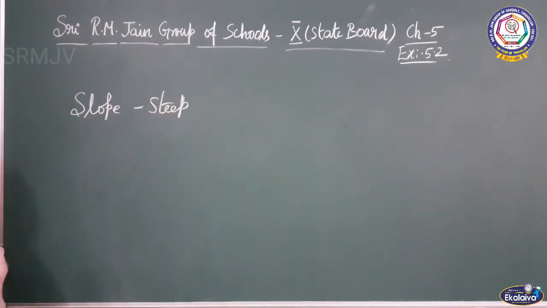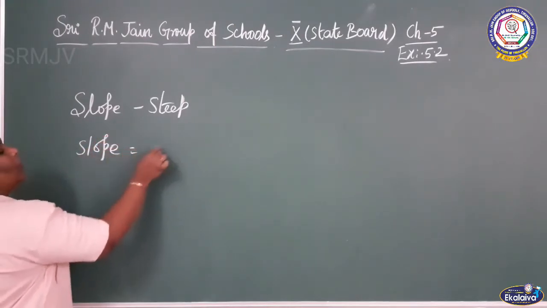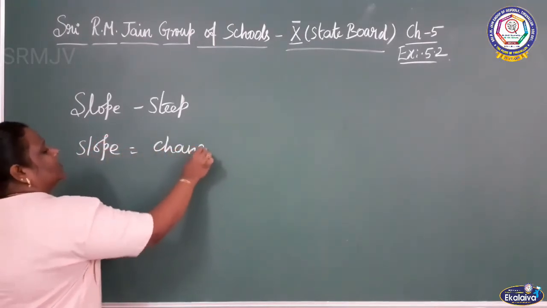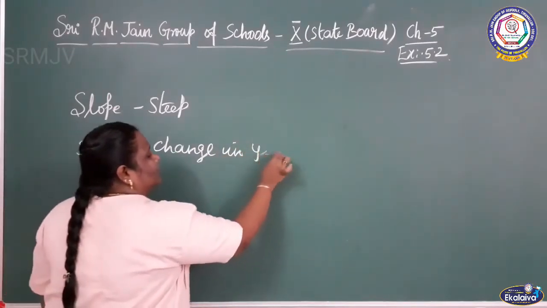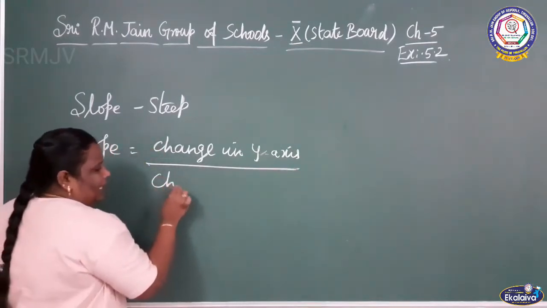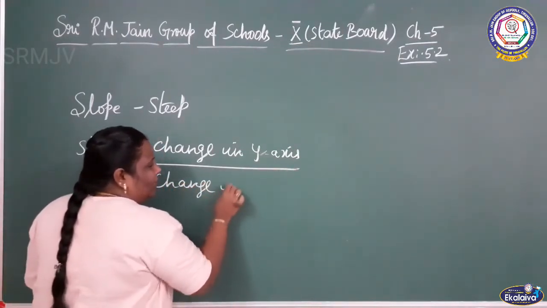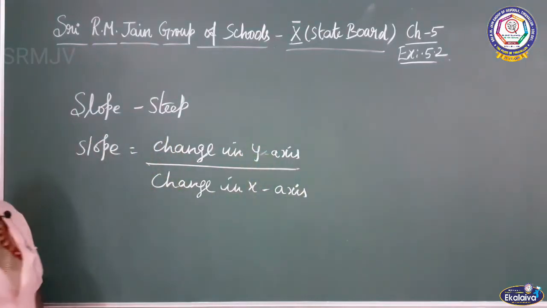The best way to view slope is as the change in y-axis by the change in x-axis. Slope equals change in y by change in x.